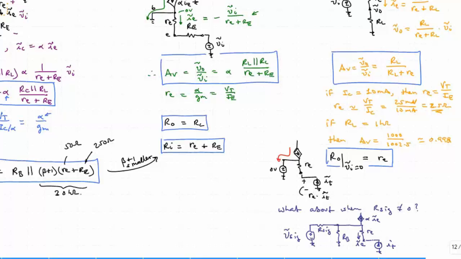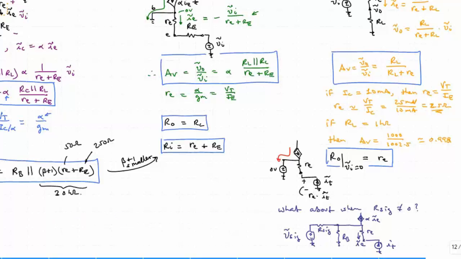What is the output resistance at that point? There it becomes a little more complicated. I won't solve it right now, we'll look at this later. But it turns out that the output resistance will not only be due to little re, but it will also be due to R sig. Okay, well, let's finish this up.